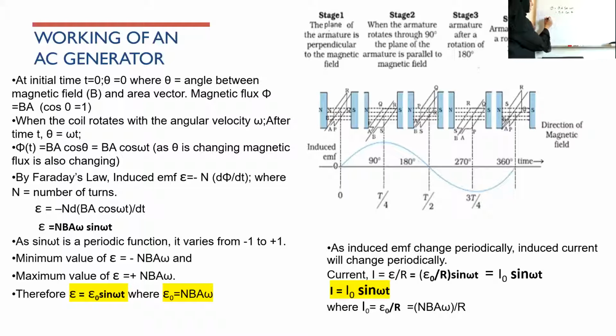Now, when I am finding EMF, EMF is equal to minus n d phi by dt, right? So instead of phi, I'm substituting BA cos theta. So this is equal to minus n d by dt of BA cos theta. Now B and A are constants. I'm taking them out. This is equal to minus n BA d by dt of cos theta. Is this clear?